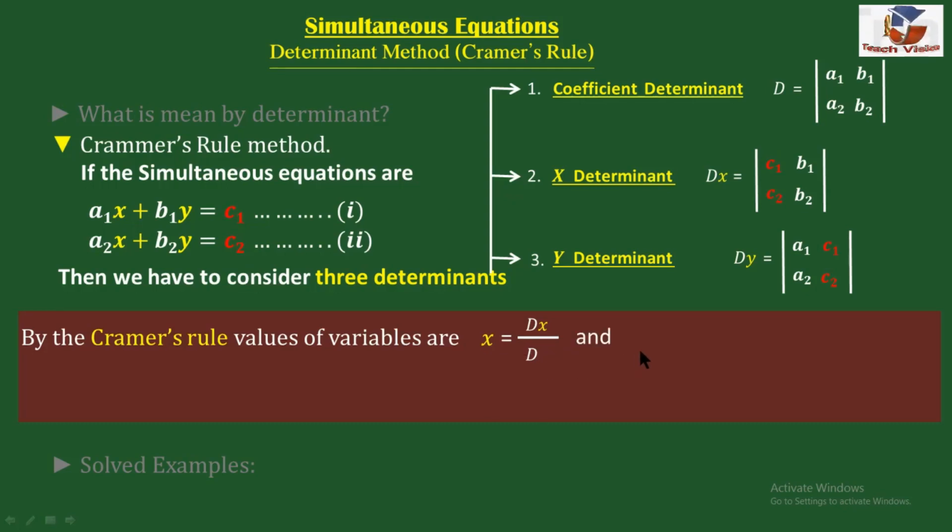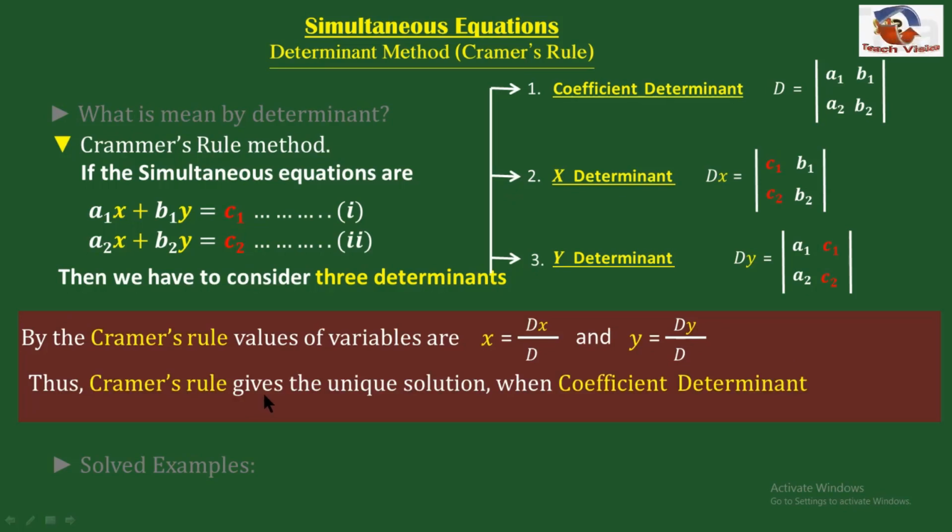Same as y is equal to Dy divided by D. It means the value of the y variable is equal to the y determinant divided by the coefficient determinant.